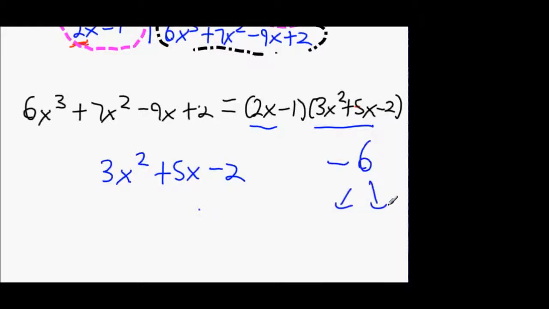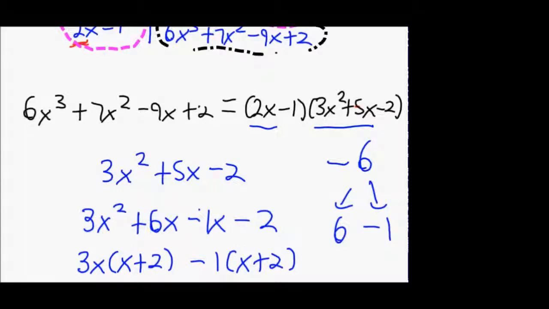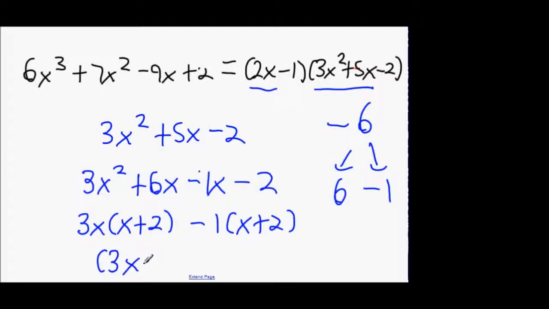Break up minus 6 into plus 6 minus 1. 3x squared plus 6x minus 1x minus 2. 3x into x plus 2. Automatically the second bracket has to be exactly the same. And what we'll get here is 3x minus 1 in brackets, x plus 2.